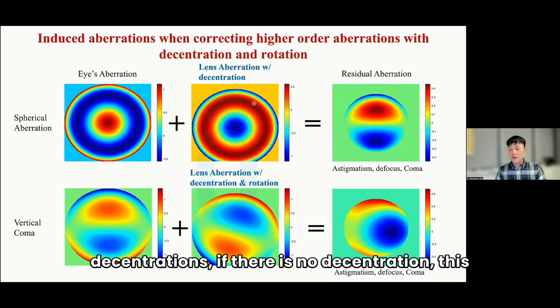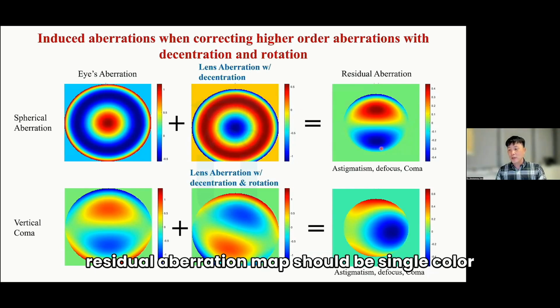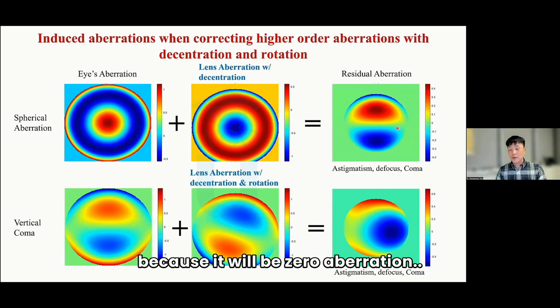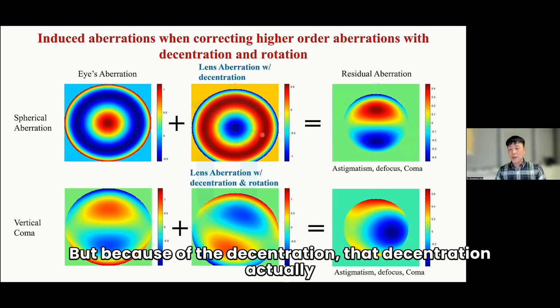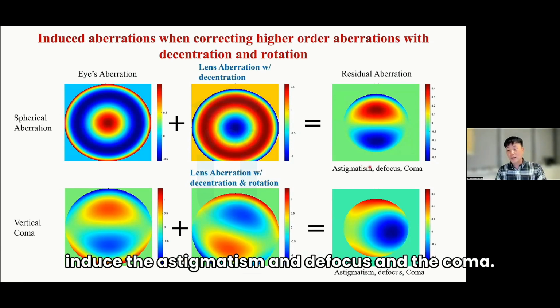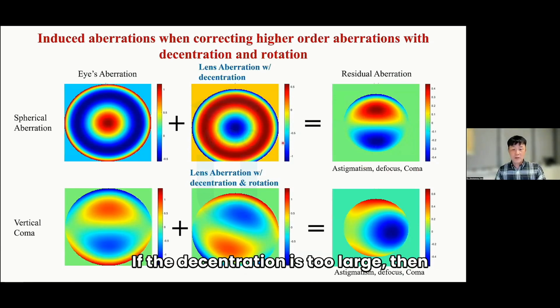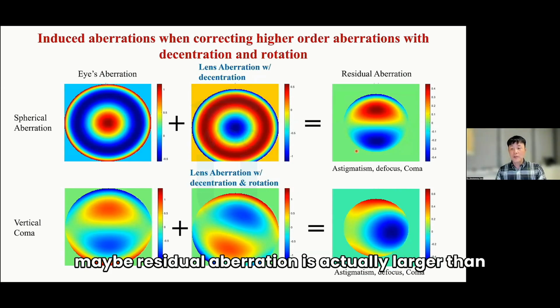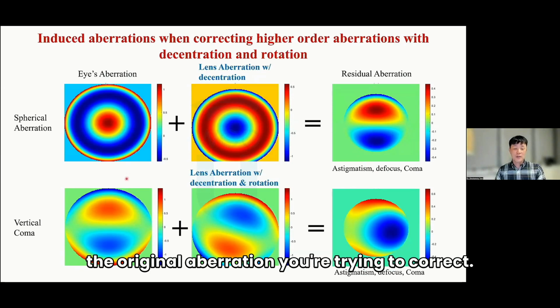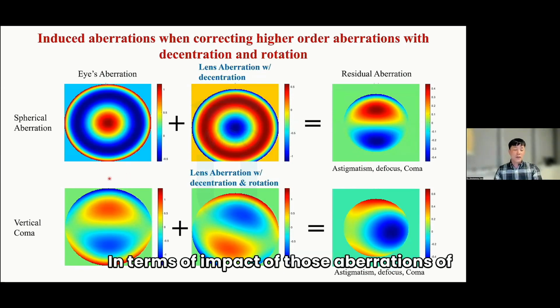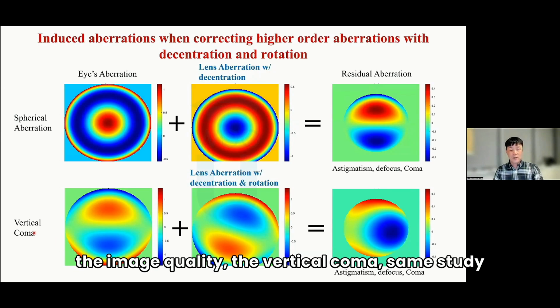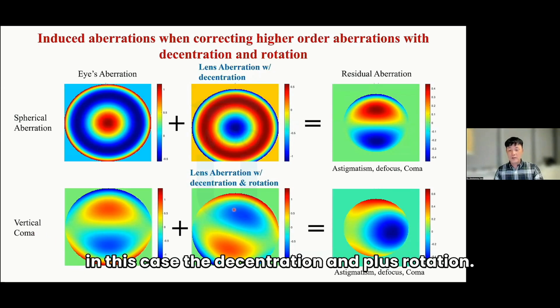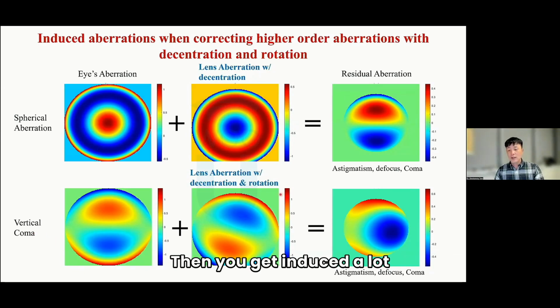If there is no decentration, this residual aberration map should be a single color because there would be zero residual aberration. But because of the decentration, it actually induces astigmatism, defocus and coma. If the decentration is too large, then the residual aberration may actually be larger than the original aberration you're trying to correct, in terms of the impact of those aberrations on image quality. The vertical coma, same story. In this case, with decentration plus rotation, you get a lot of different types of induced aberrations.